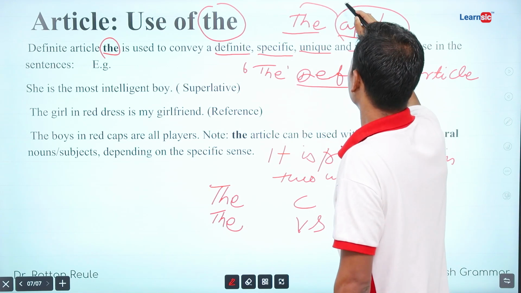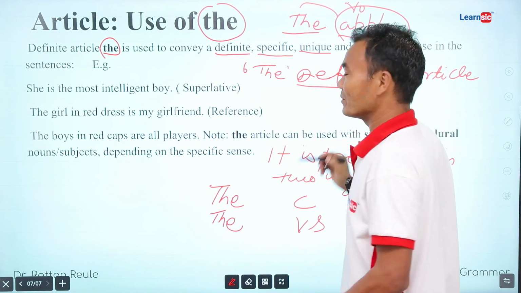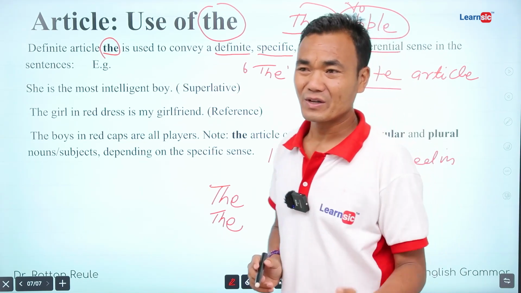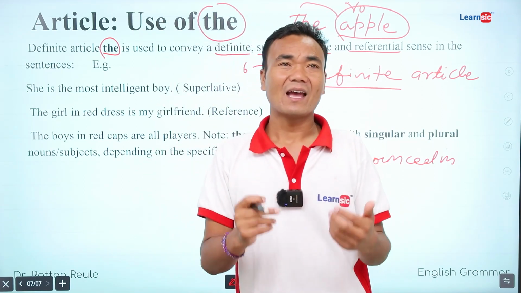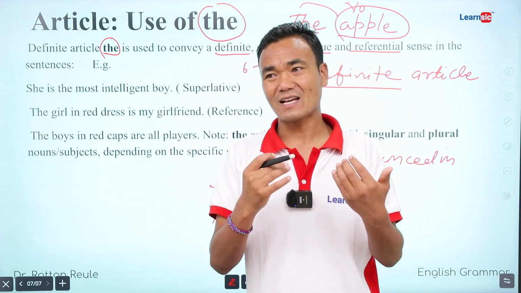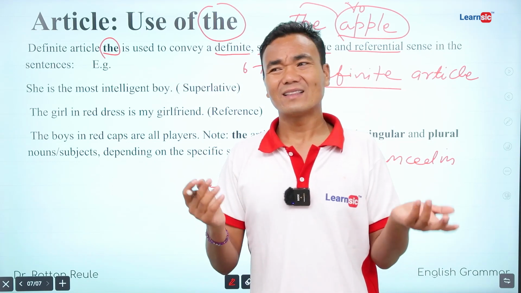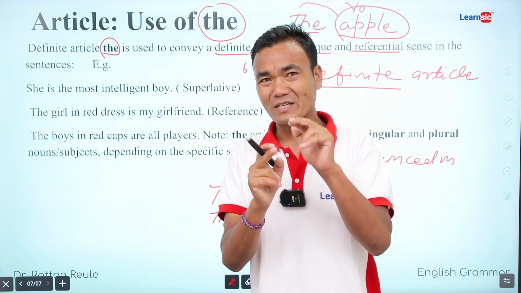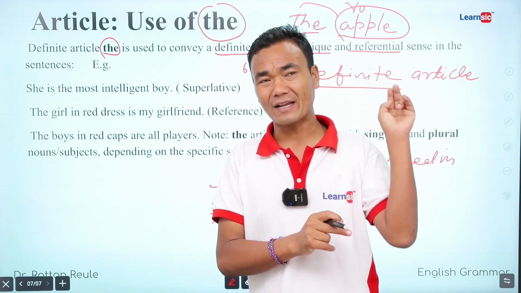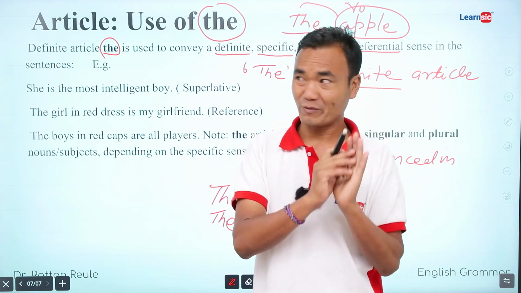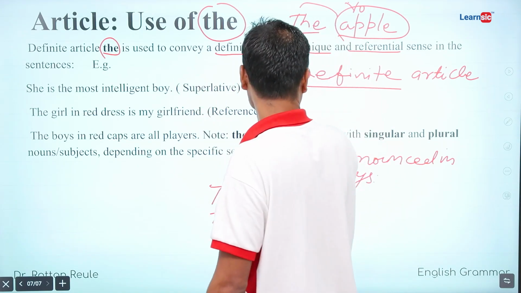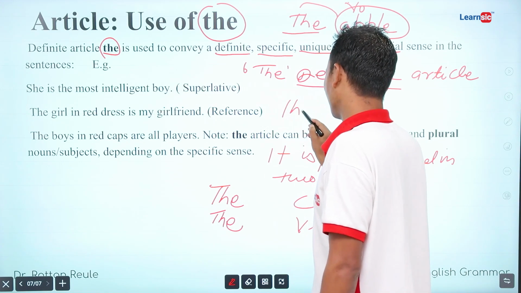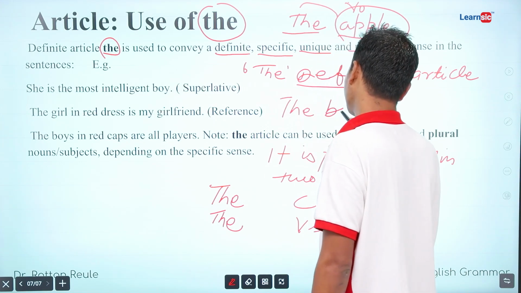Because of the vowel sound. Before a vowel sound we pronounce "thee", and before a consonant sound we pronounce "thuh". The same word is pronounced in two different manners. Another example I write here also: the boy, we pronounce "thuh boy".